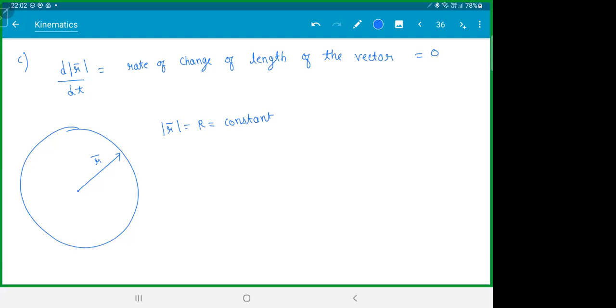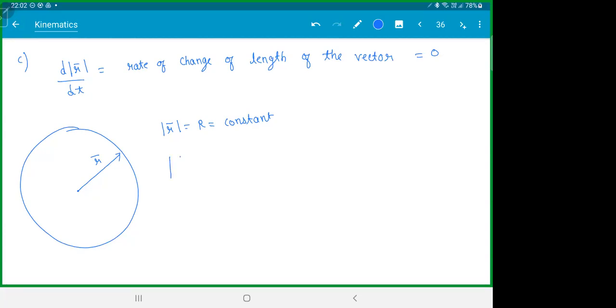No matter how much the vector rotates, direction is changing, but the magnitude is not changing. Clear?